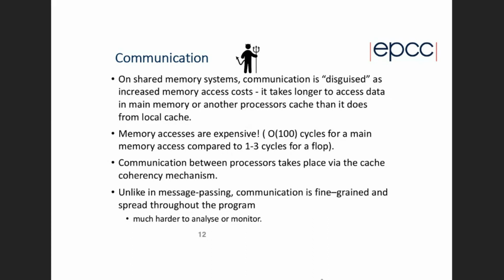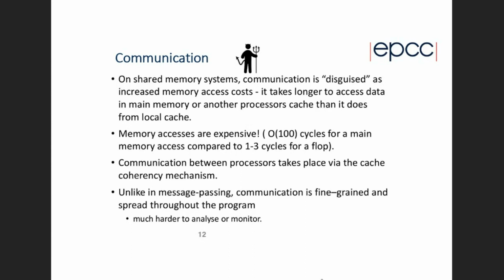There's a big difference between shared memory and message passing, because in message passing, it's very easy to look at your program and see where the communication is happening. The only place that communication can happen is when you call the MPI library.